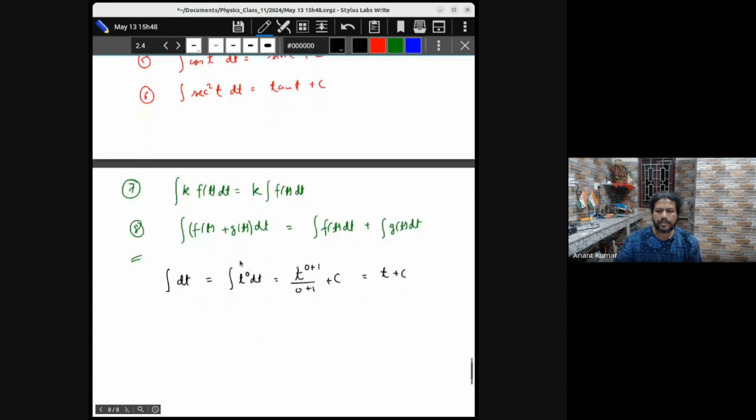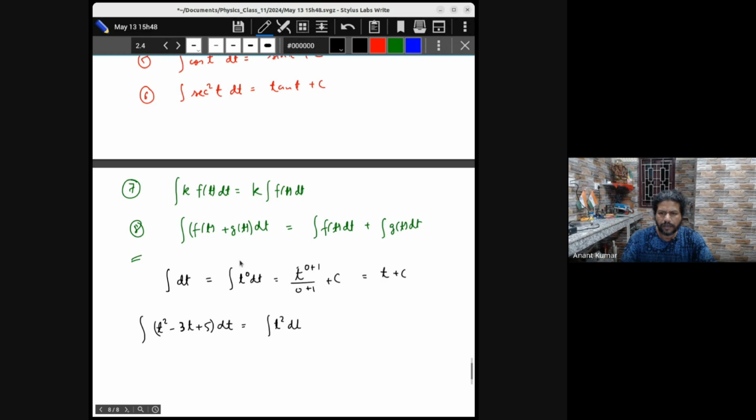Another example, suppose I wanted the integral of t square minus 3t plus 5 into dt. First of all, I notice कि हम पहले इसको break कर देते हैं अलग-अलग parts में by using the linear property.